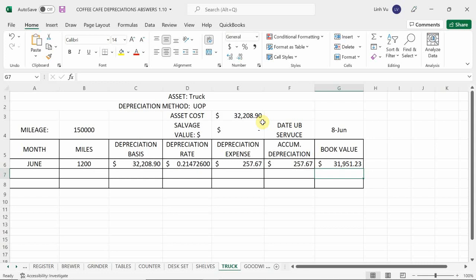Okay? So now in this case, why do I not need to adjust this? Because in this case, I started it in June, okay, which is in the middle of the year. Why do I not need to adjust this number?